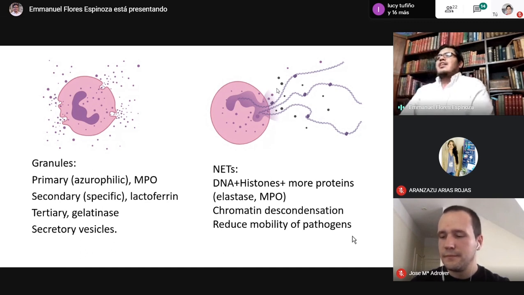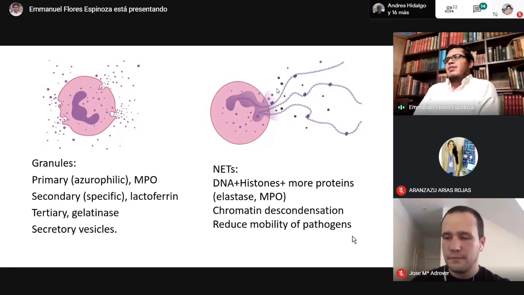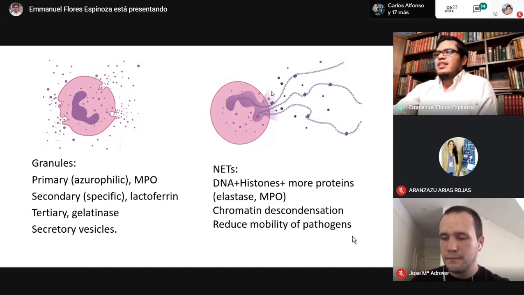But there is also another recently discovered type of NETs, made of mitochondrial DNA, and this is interesting because the cell does not necessarily die; it can stay alive after the mitochondrial DNA ejection.